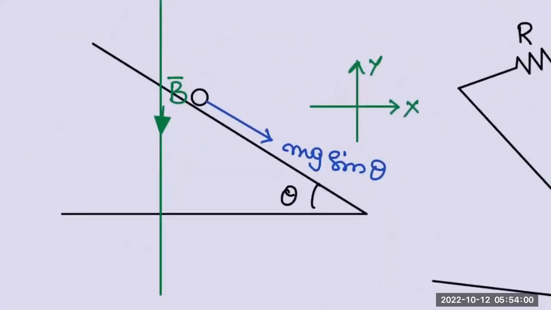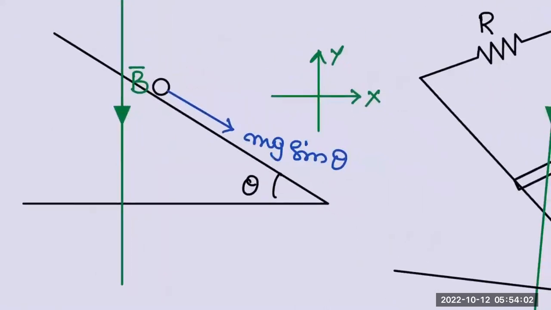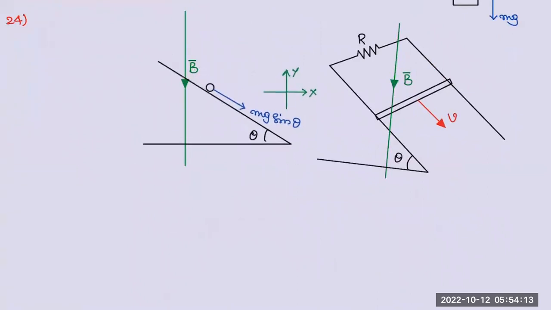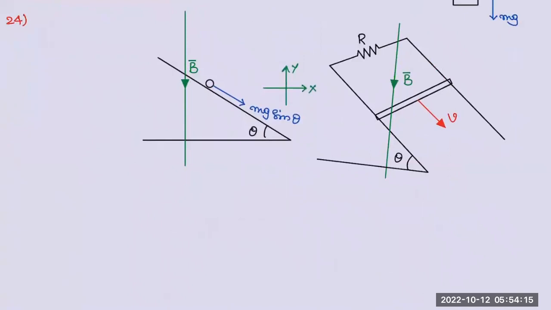Just a minute. I think I have the direction wrong. B is vertically downwards. Now I can take B as vertically downwards like this, and then I can continue.